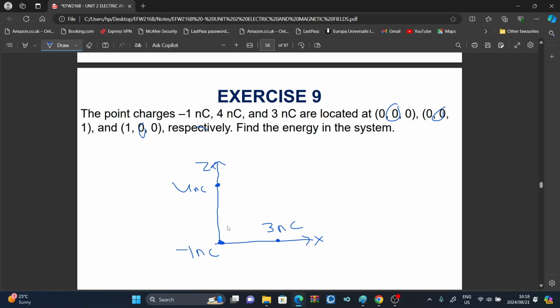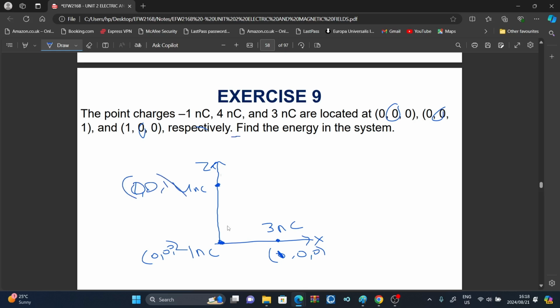And the coordinates are given. So you can say this one is 1, 0, 0. This one is just 0, 0, 0. And this one you can take as 0, 0, 1.